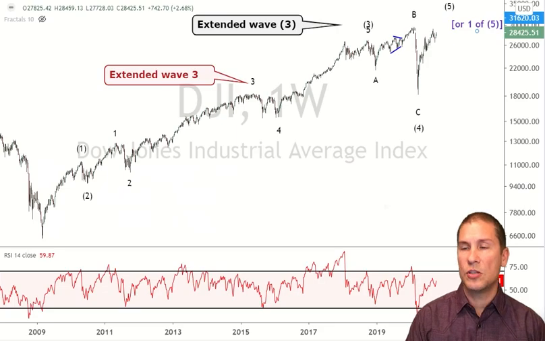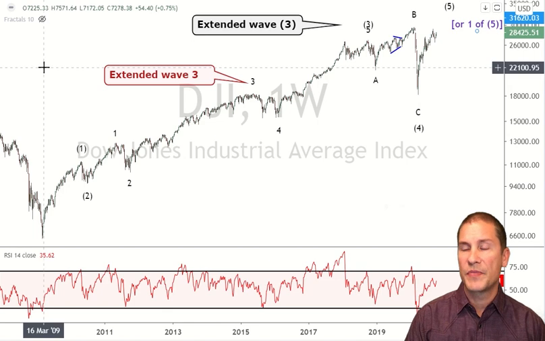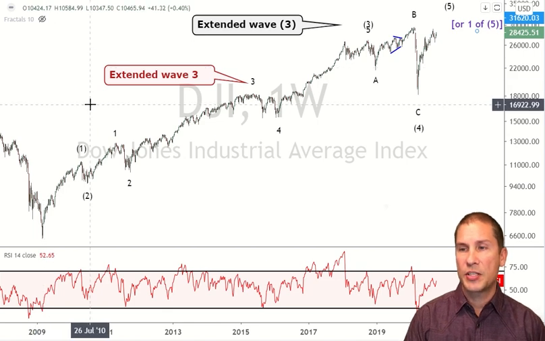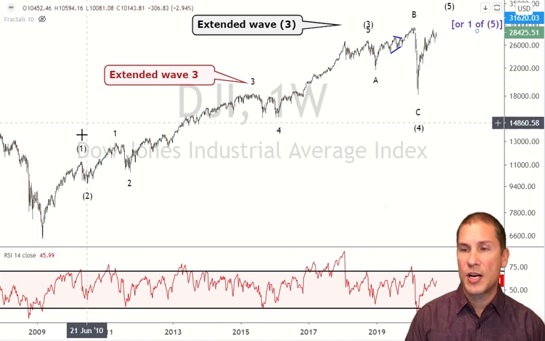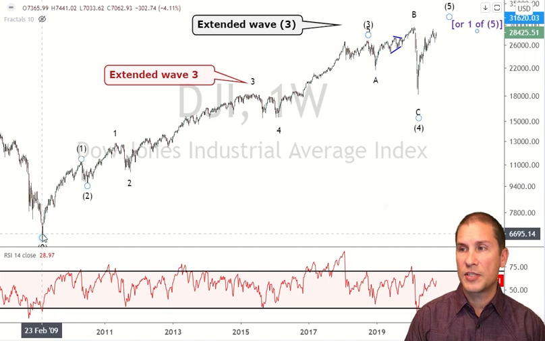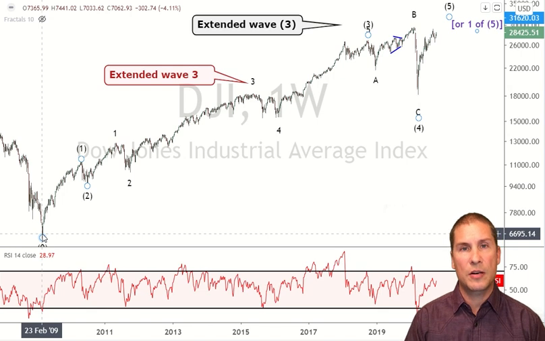Here we're taking a look at the Dow Jones Industrial Average. This is a weekly chart, and I wanted to stretch this back to the great financial crisis low of 2009. Now within Elliott Wave Theory, we have 5 different main patterns, and one of those patterns is called an impulse wave.